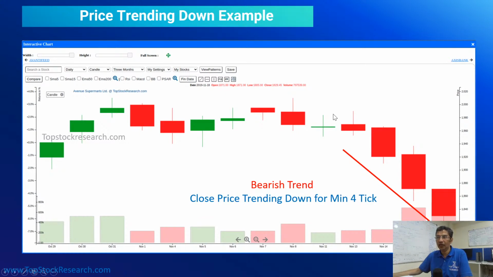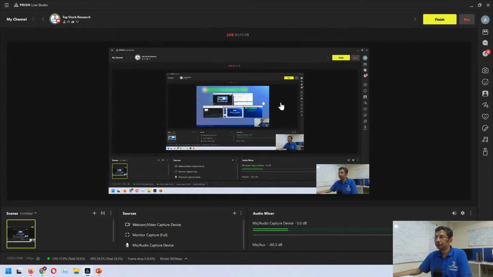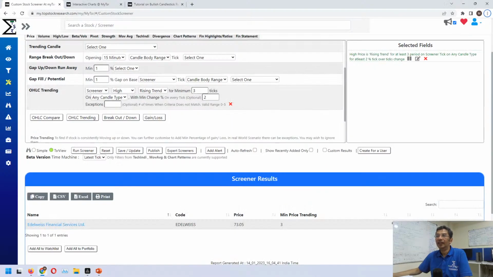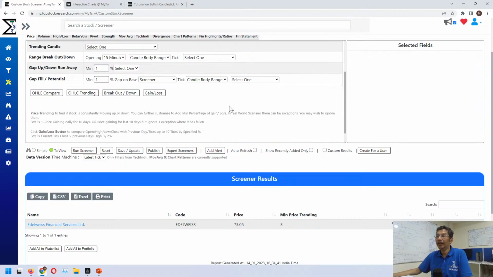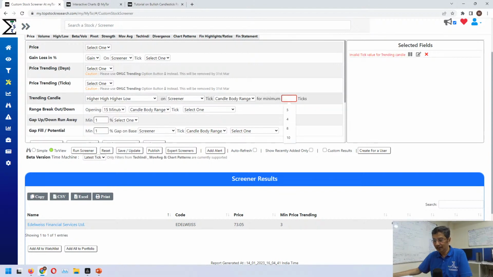Same way trending down, right? Trending candle, we have seen trending candle. What is trending candle? Trending candle is basically the candle itself is trending continuously. So we have seen briefly a candle is trending up for 5 days, right?